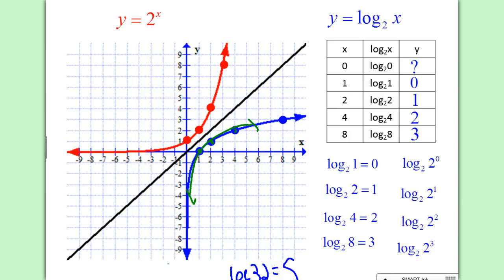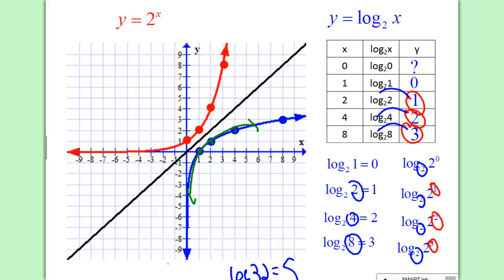So where does this 3 come from? It comes from this. And where does this 2 come from? It comes from this. And where does this 1 come from? It comes from this. So, wait a second. What are logs? Logs are really exponents. Logs are exponents that you put on a certain base to get the number you once had.